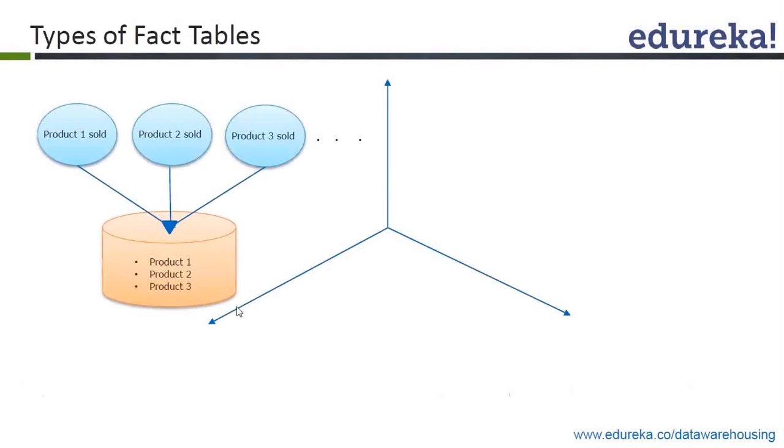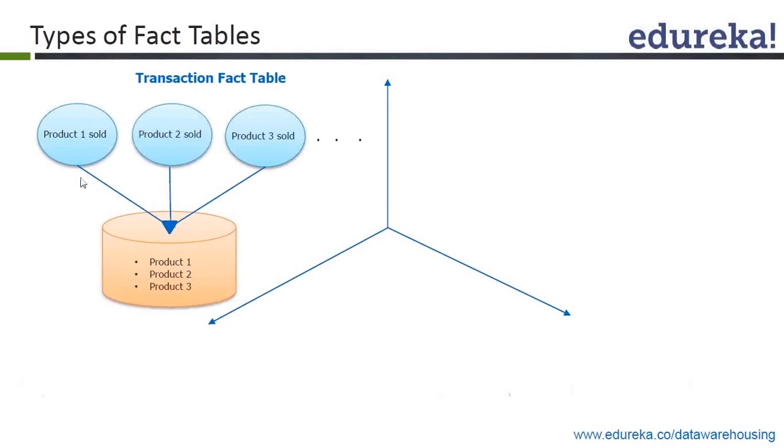The first type in this diagram you can see is product 1 sold, product 2 sold, and product 3 sold. All the products go into this transaction table, which stores all the products sold in the whole day or along the whole time.